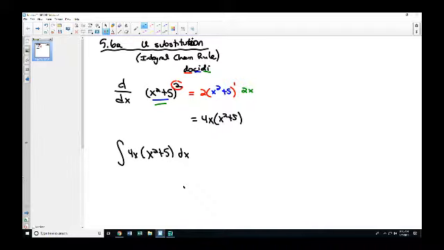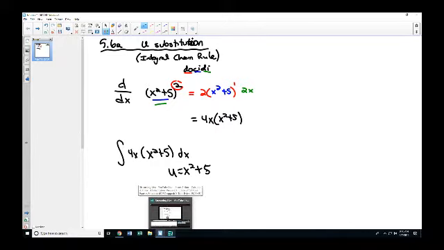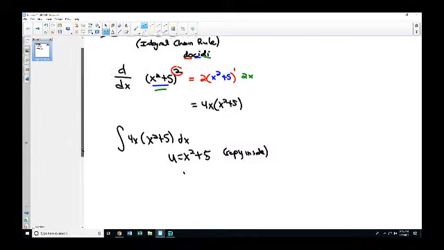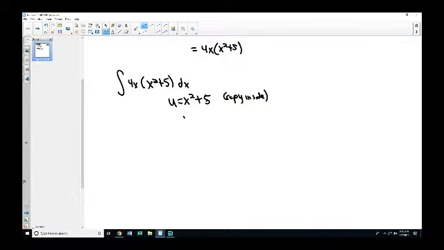We're going to copy that down and set it equal to U. Just like the derivative chain rule, we're copying the inside. So we set it equal to U. Okay, so now we have this. Correct?